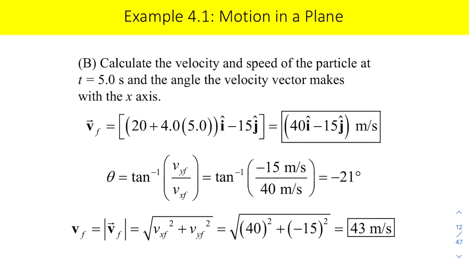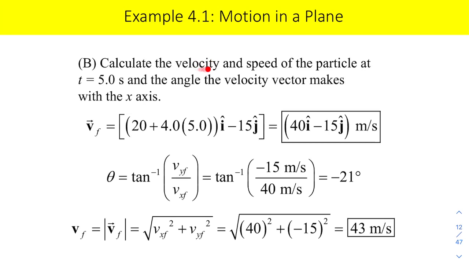Then B, calculate the velocity and the speed of the particle at t equal to 5 seconds and the angle the velocity vector makes with the x-axis. V final, we already have this equation just now. Now substitute the t of 5 seconds into the formula. You will get this as your answer. And the direction, because it asks for velocity and speed.